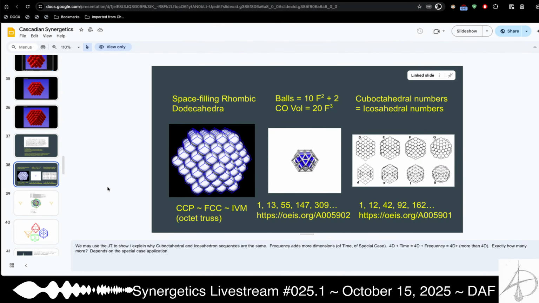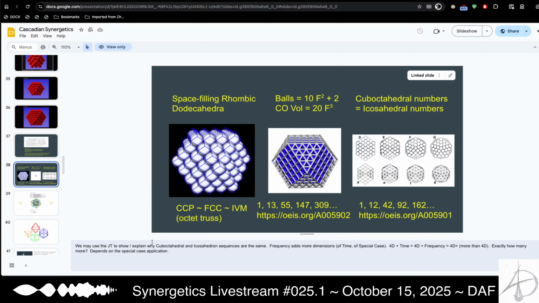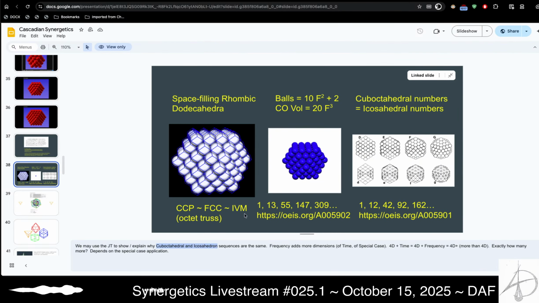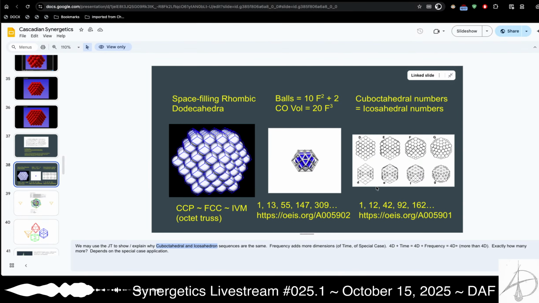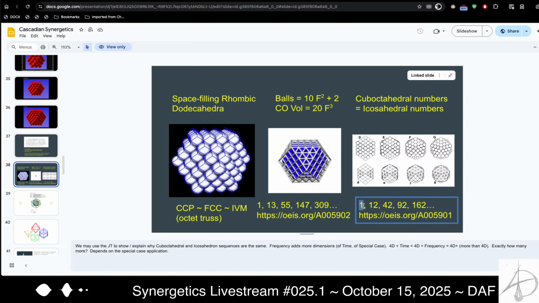And here we have a repeat of a previous slide. This helps give us a new lens, a new layer of paint on why the cuboctahedral and the icosahedral sequences have the same geometry and the same number of spheres included, and that's this online integer sequence.